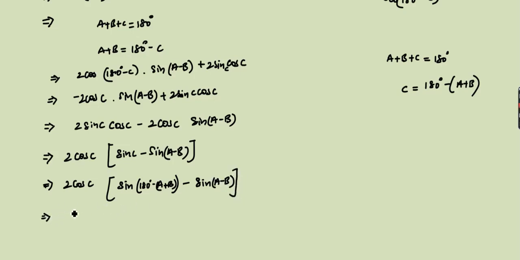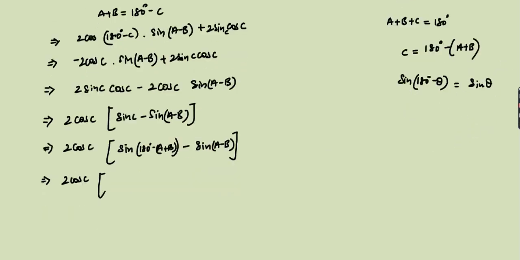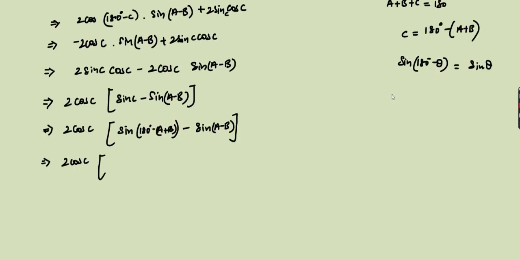So now 2 cos C bracket, and now sin of 180 minus theta is nothing but sin theta. So this sin 180 minus of A plus B can be written as sin of A plus B, because 180 minus theta is theta only. So we can write A plus B minus sin of A minus B.